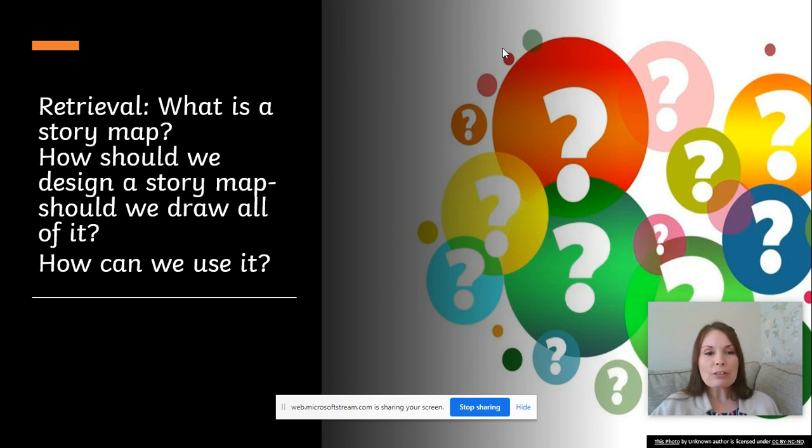We can also use a story map to think of and make up our very own stories from the beginning, like we did on Sudden Hill when we were pretending maybe to be a soldier or an astronaut or a pirate, and we planned our very own stories using story maps, so we can use them in different ways.